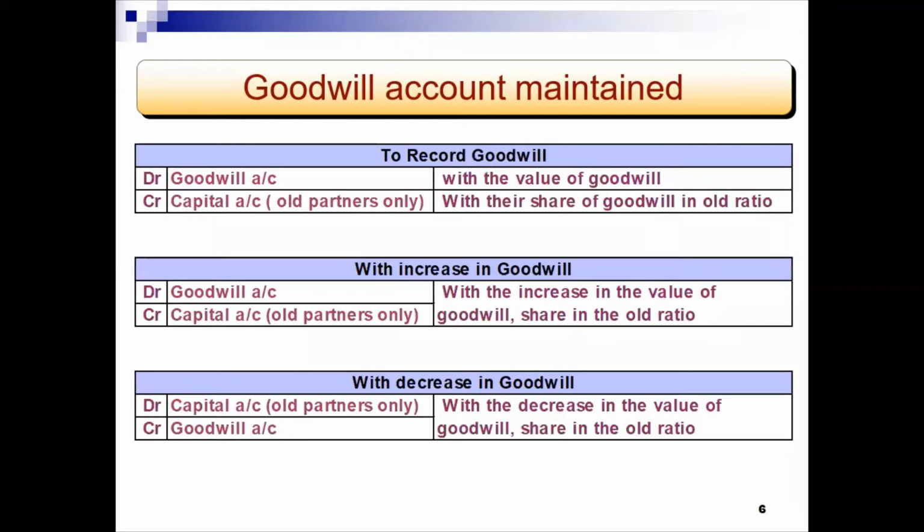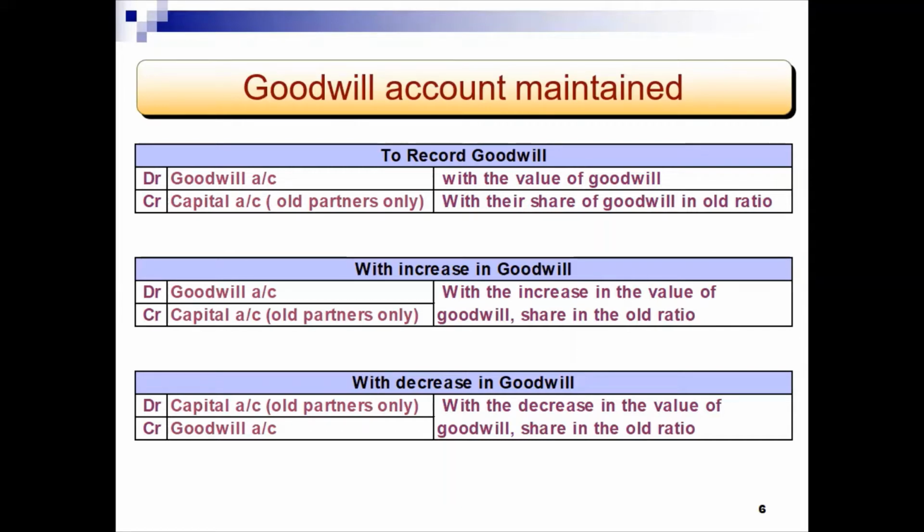Right. In a situation where the goodwill account is maintained, the following accounting entries are made. To record goodwill, debit goodwill account with the value of goodwill which has been determined, and credit the partners' capital accounts, especially for the existing or old partners, with their share of goodwill in the old profit sharing ratio.